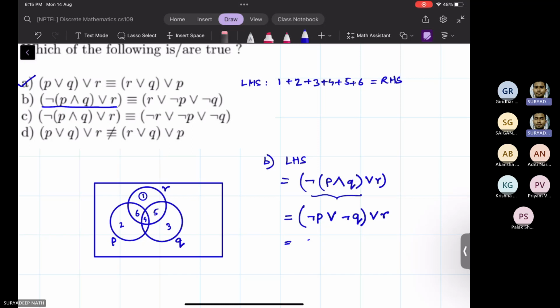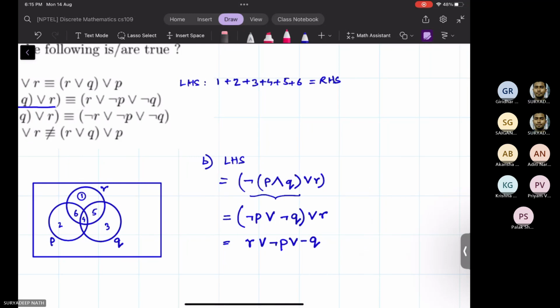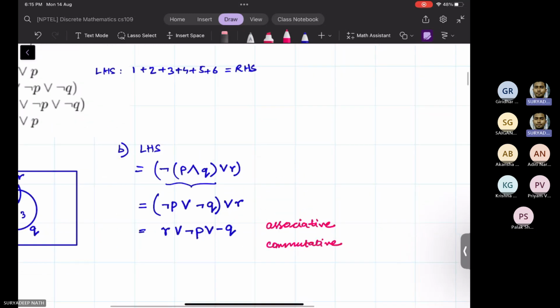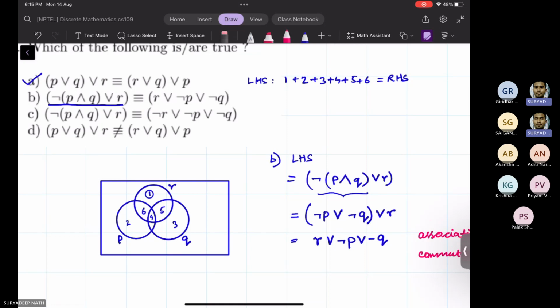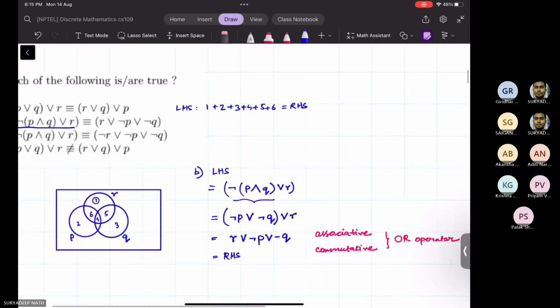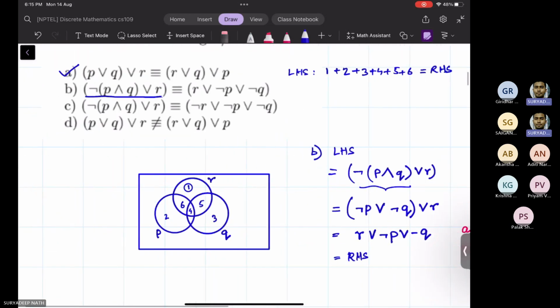So this can be written as R or not P or not Q, by the associative and commutative property of the OR operator. Therefore, you see this is the RHS. So this way we can say that B is also correct.